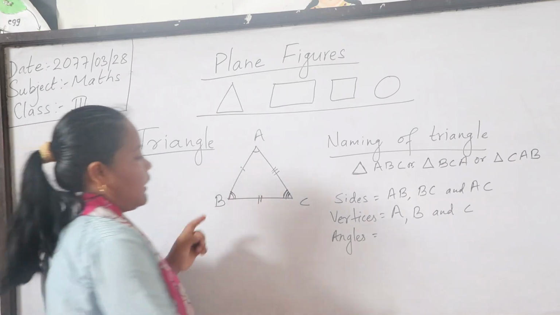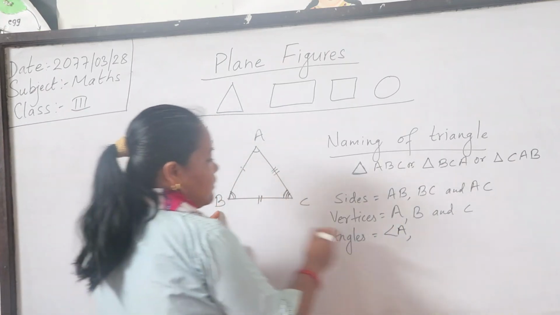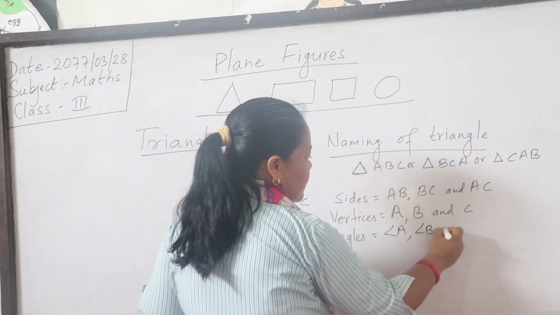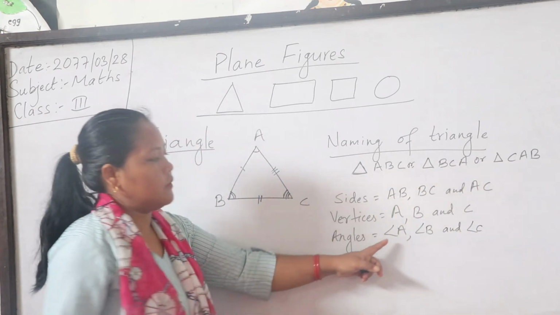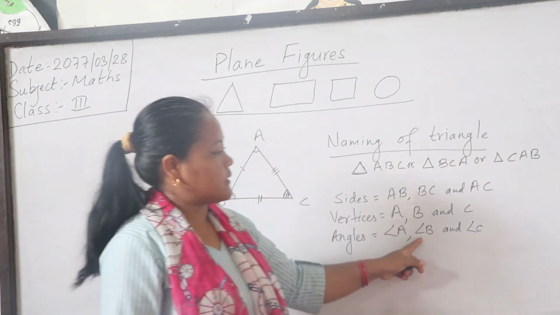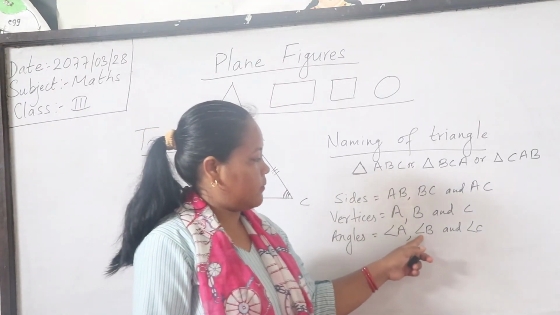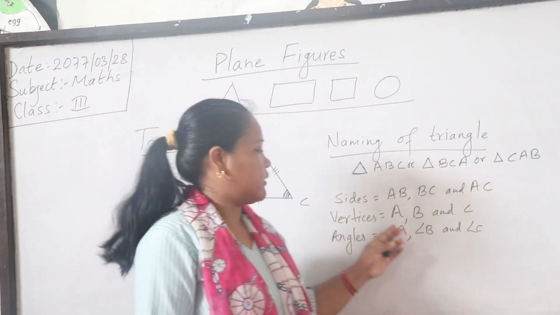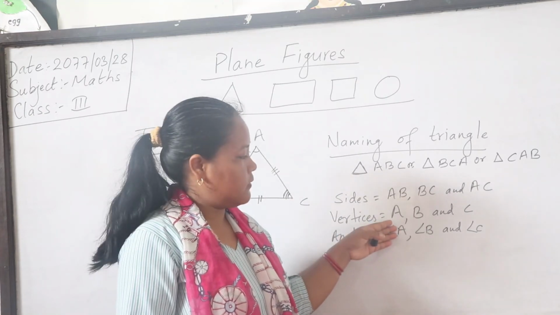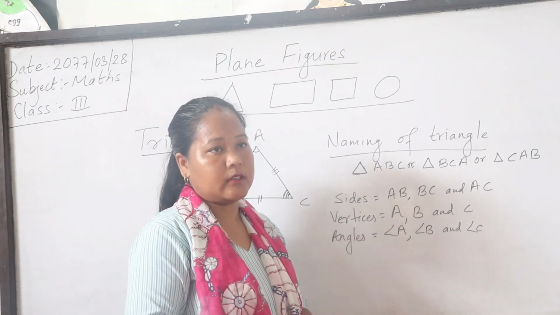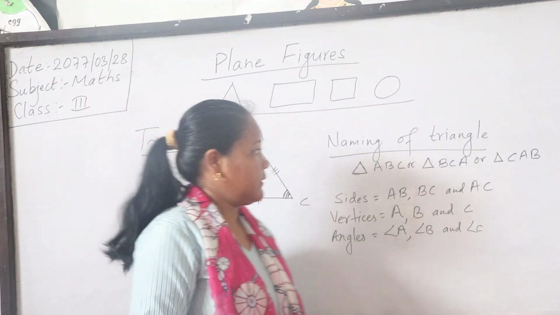So angle A, angle B and angle C. Don't forget to write the symbol of angle here. If you don't write the symbol of angle, then it will be the vertex. So angle A, angle B, angle C.